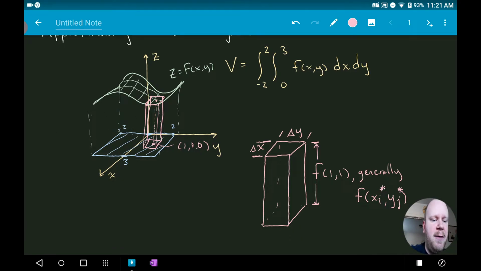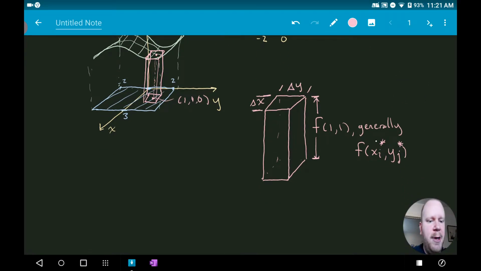We had these star values, and in summary, what these asterisks mean is that you can either take the left-hand rule, the right-hand rule, or the midpoint rule, but whatever value you end up using to define this little point here and this little point here, that's going to be your x star and your y star. So the height of this thing is going to be the function evaluated at this point.